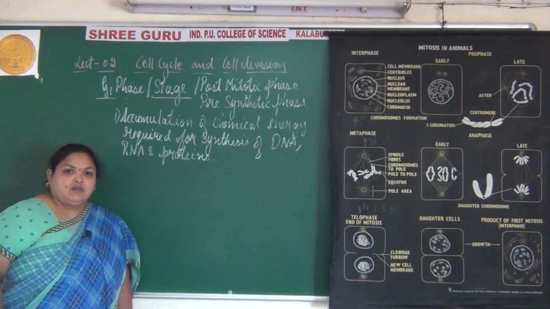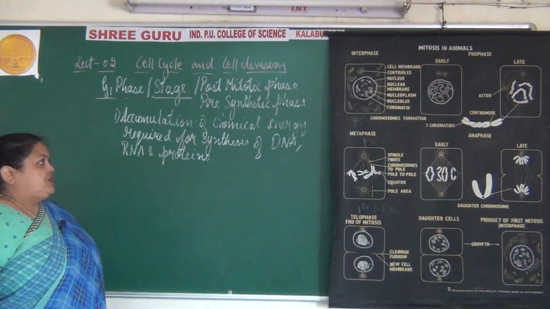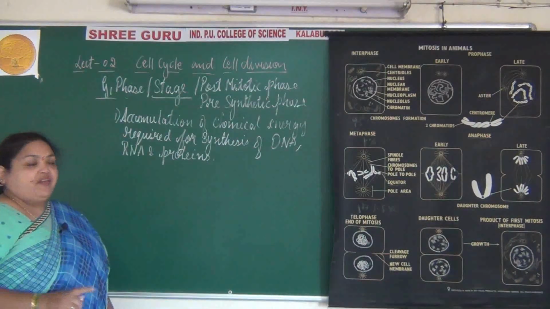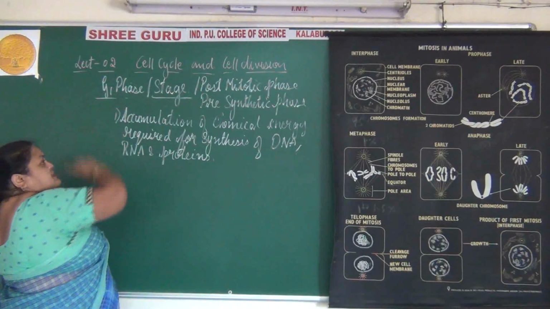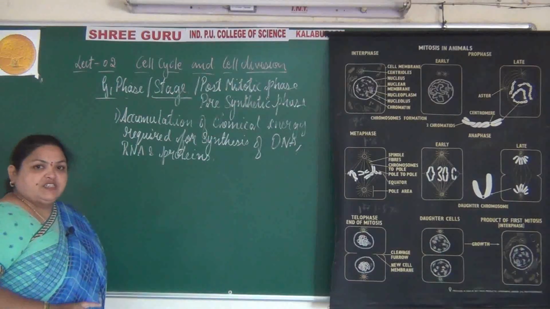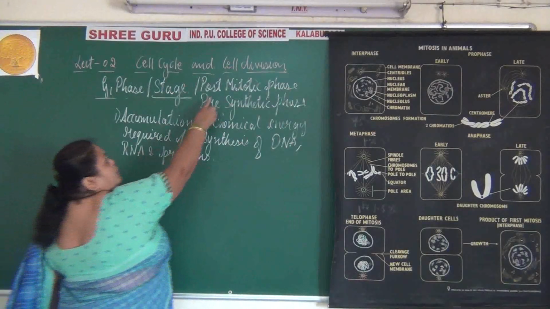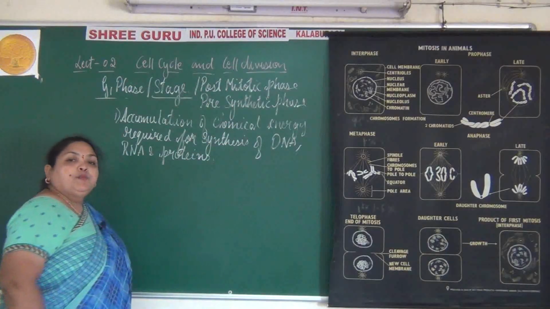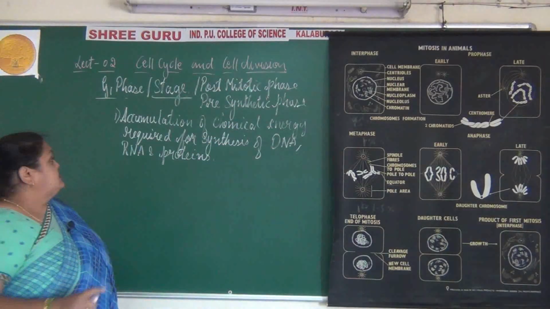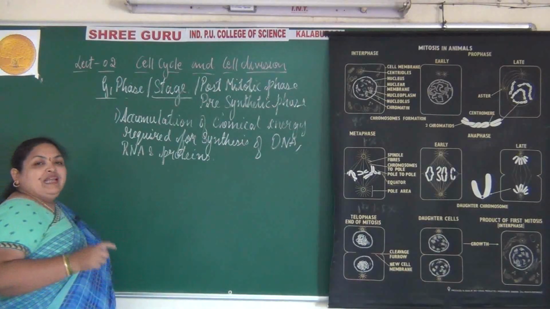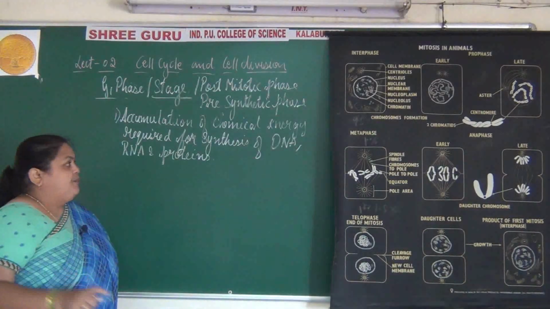It accumulates the chemical energy. So the first growth phase is also called the first gap phase, or post mitotic phase, or pre-synthetic phase, where it is accumulating the chemical components.